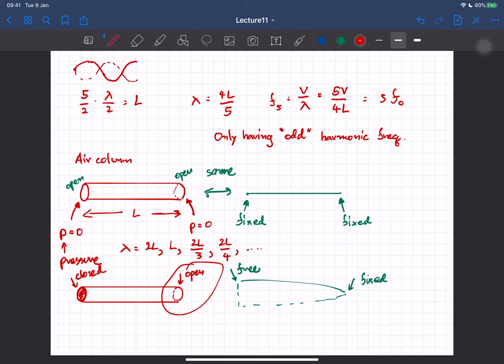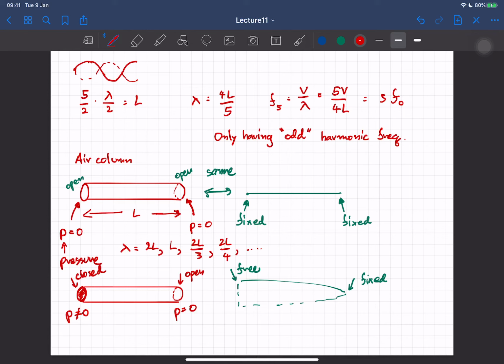Unlike when you have an open end here, where the air is in contact with the air outside. So you don't have any choice but to have zero pressure here, right? But if this end is closed, you close out that contact between air inside and air outside. So P here will not be zero, okay? And then P here will be zero still.